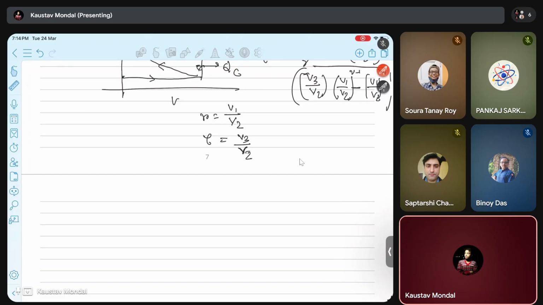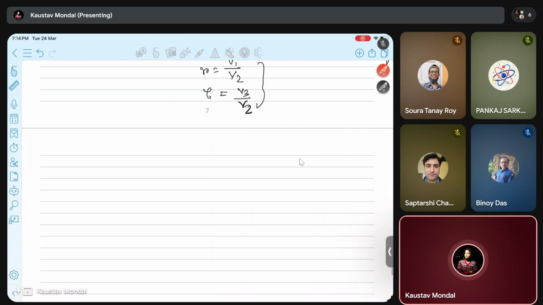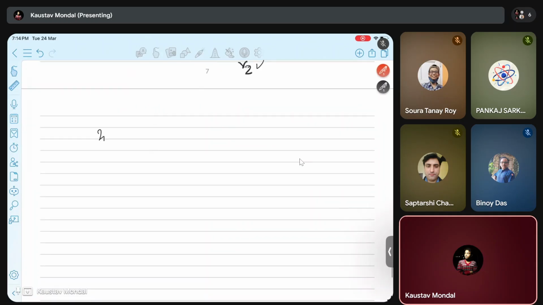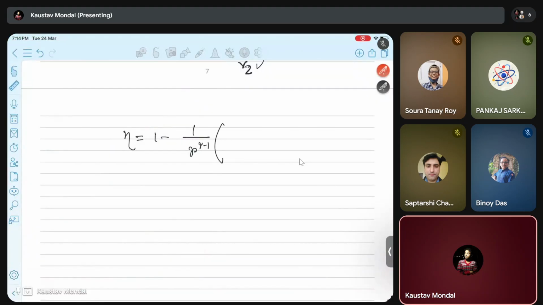There are two ratios involved here. One is the compression ratio, which is also there in the Otto cycle, and the new one is rho, V3 by V2, known as the fuel cutoff ratio. If you write eta in terms of R and rho, it takes a form like this: eta equals 1 minus 1 by R to the gamma minus 1, times rho to the gamma minus 1 over gamma times rho minus 1.